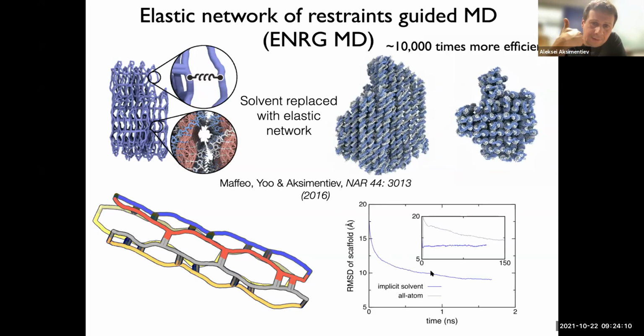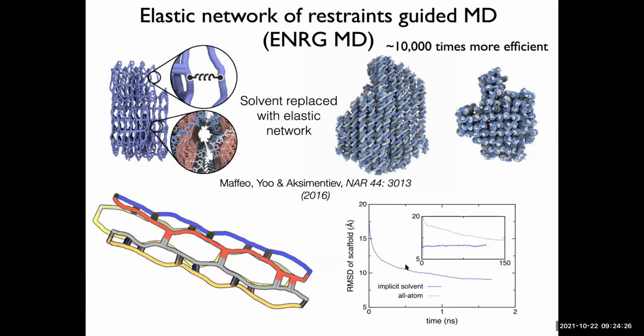A, we don't have to simulate water, so it's really fast. And B, it relaxes like 100 times faster. So overall, we get maybe a factor 10,000, maybe 100,000 speed up. Look, in 1 nanosecond, it's right on already.